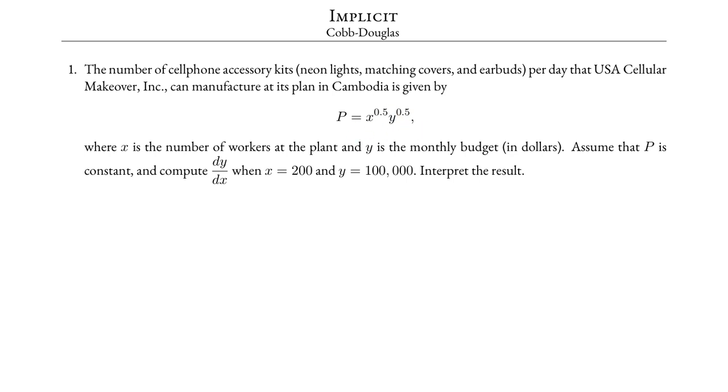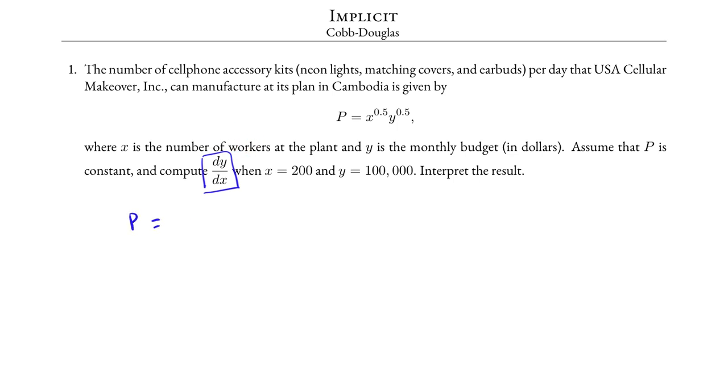They vary. Because of that, we will use the product rule. Remember that we are looking for dy/dx, the derivative of y with respect to x, the rate at which the budget is changing with respect to the number of workers.